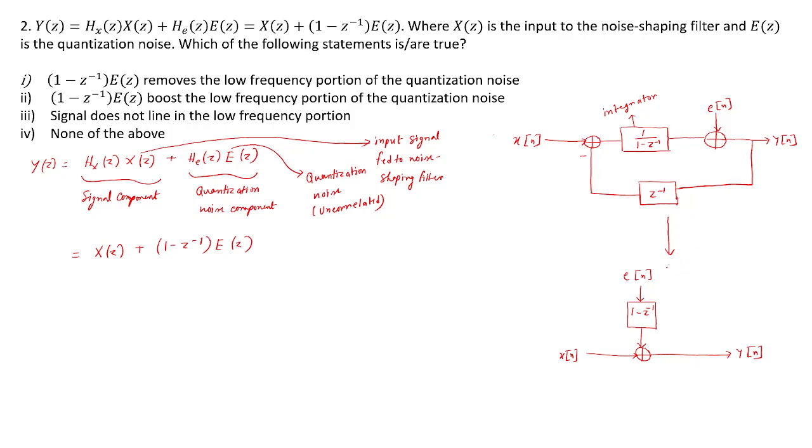Because you take the z transform here, you get E(z), here you get X(z), here you get Y(z). So what you are obtaining from here, Y(z) is equal to X(z) plus 1 minus z inverse E(z). Correct?